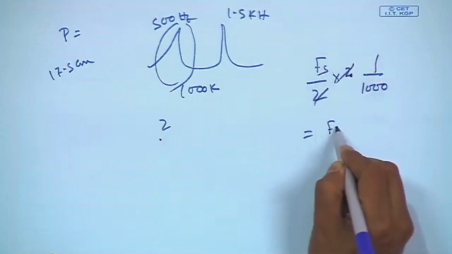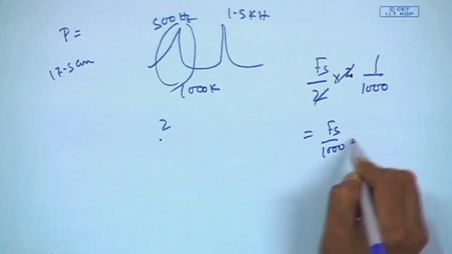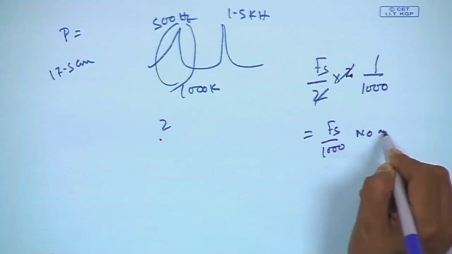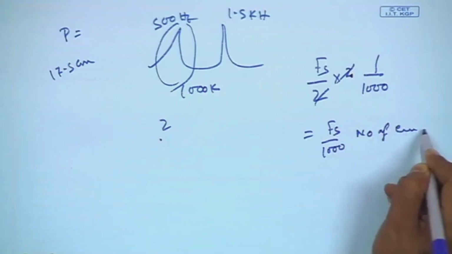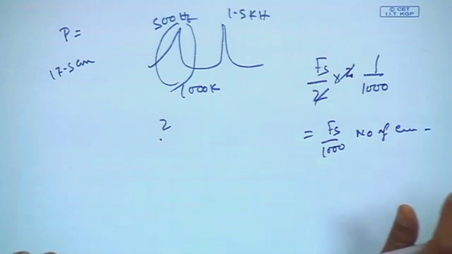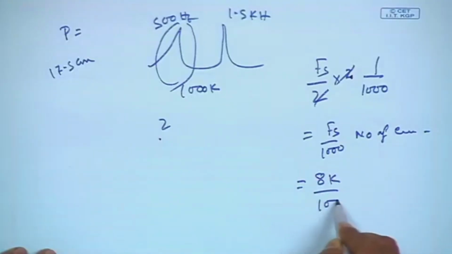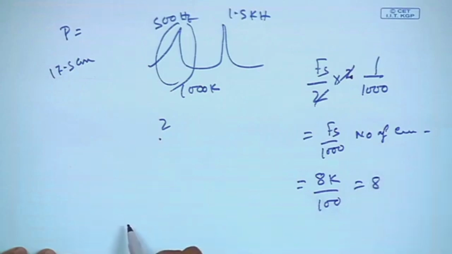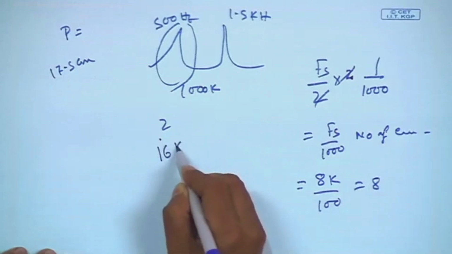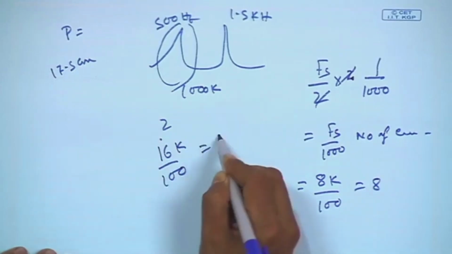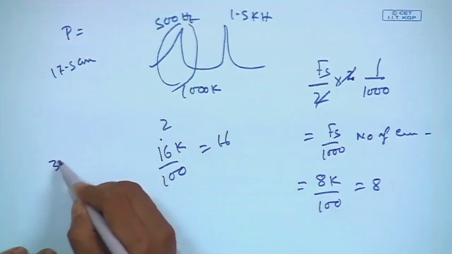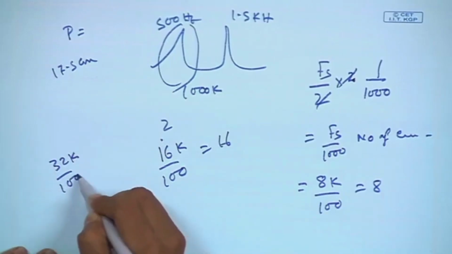So, I can say Fs by 1000 is the number of complex poles, not the conjugate pair, then it will be half. So, if it is 8 kilohertz, then 8 k divided by 1000, so I can say 8. If it is 16 kilohertz, then 16 k divided by 1000, 16. If it is 32 kilohertz, 32 k divided by 1000, so it is 32.